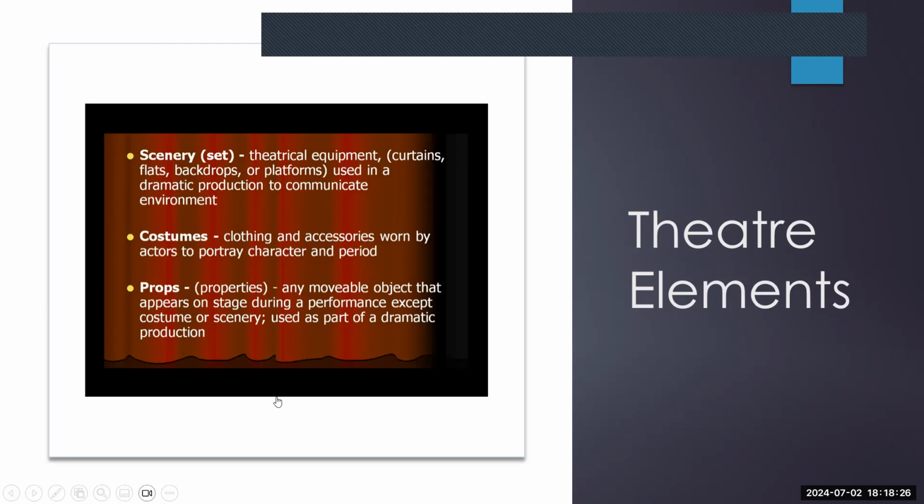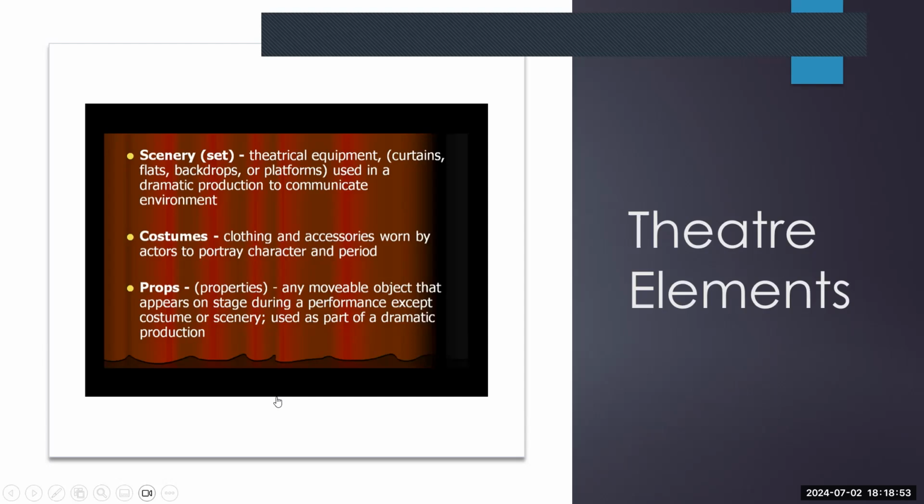Technical elements include things like scenery or set, including the theatrical equipment, curtains, flats, backdrops, or platforms used in a dramatic production to communicate environment. Costumes, things like clothing and accessories worn by the actors to portray the character and period. Props, short for properties, any movable object that appears on a stage during a performance, with the exception of costumes or scenery.